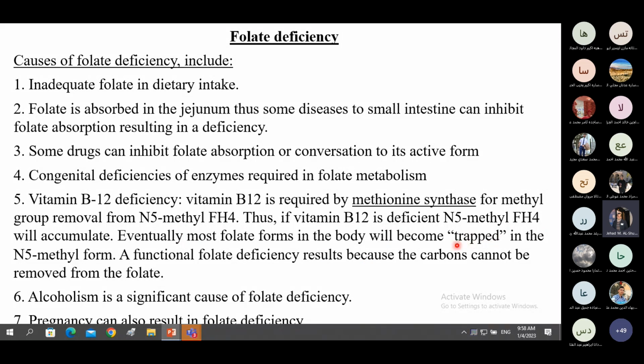Trapped يعني في كل الأحيان ال FH4 مرتبط بال N5 ما بيقدر يعملها donation. So a functional folate deficiency results, because the methyl group attached to N5 in the FH4 can't be removed. This is why FH4 can't function properly due to the absence of B12.